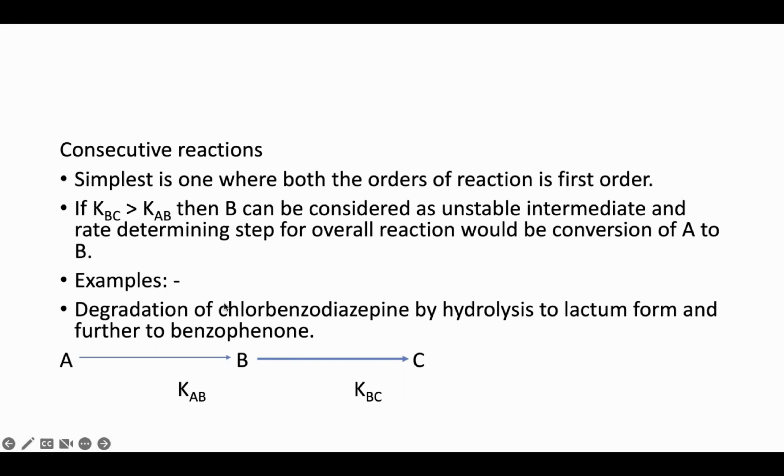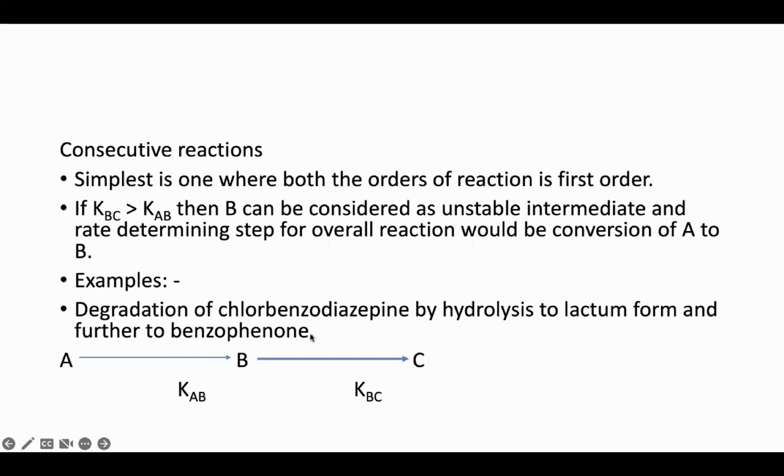Okay, an example is the formation of benzophenone from chlorobenzodiazepine. Benzodiazepine is usually classified as part of the benzodiazepines, psychotics, but because of its change to benzophenone through an intermediate lactam form, right?